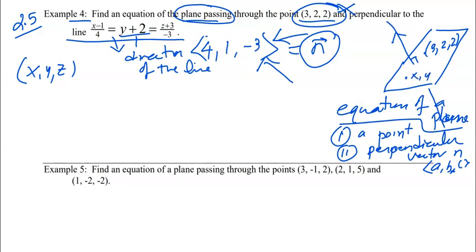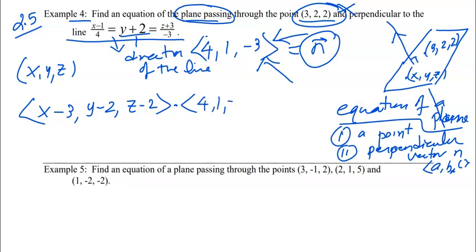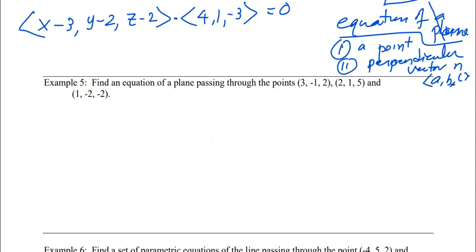Then what do you do? (x minus 3, y minus 2, z minus 2) is a vector, dotted with (4, 1, -3), right? The dot product must be 0 because they're perpendicular, and you can figure out the equation of the plane. If you have a question, let me know. Let me move on to the next problem.